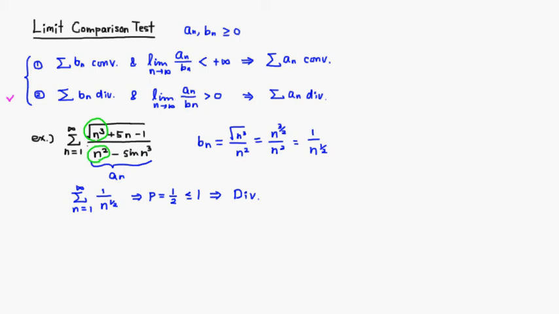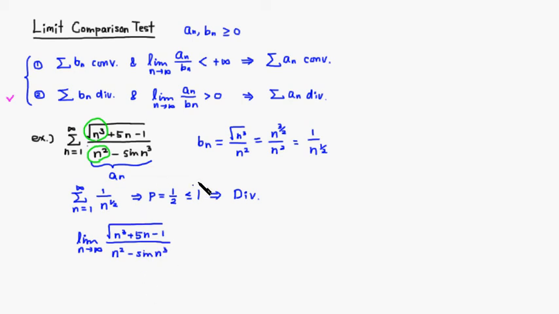So we have to evaluate the limit of an over bn. The limit as n approaches infinity of an, which in this case is just complicated stuff: the square root of n cubed plus 5n minus 1, over n squared minus sine of n cubed.